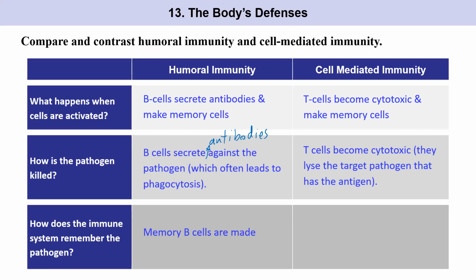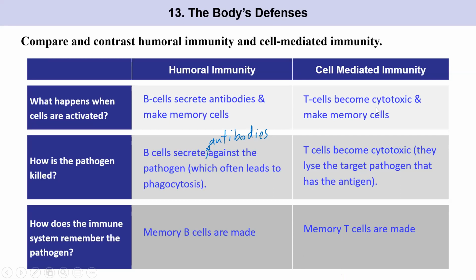If it's a tumor cell, they can induce something called apoptosis, which is basically telling that cell to kill itself, commit suicide, and there are lots of different mechanisms I'm not going to get into. Just know that cytotoxic means they bind it, and it somehow leads to the death of that target cell. And then same answer down below, we're making memory cells, and those memory cells are going to hopefully remember the pathogen for the next exposure.